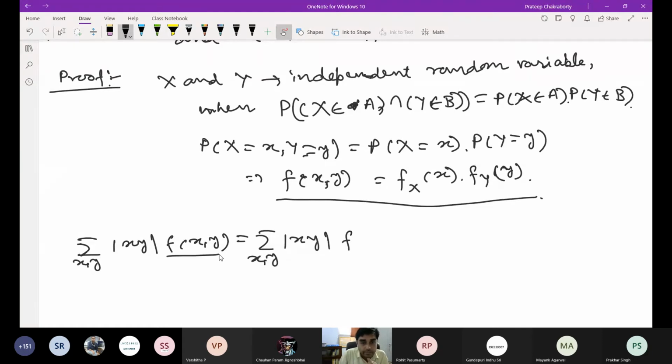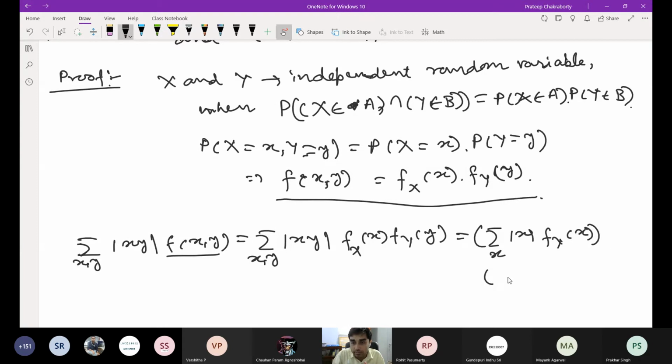is the summation over x, y of mod xy, and we break this f(x, y) as fX(x) into fY(y). We can break this into these two things, mod x fX and mod y fY, because all these separate terms are finite.